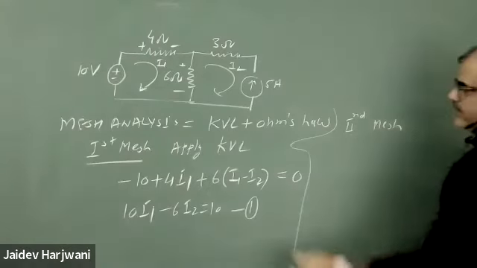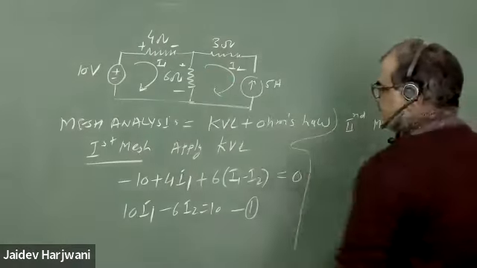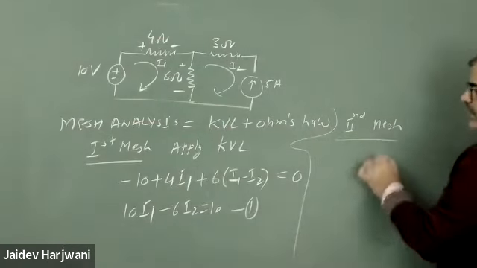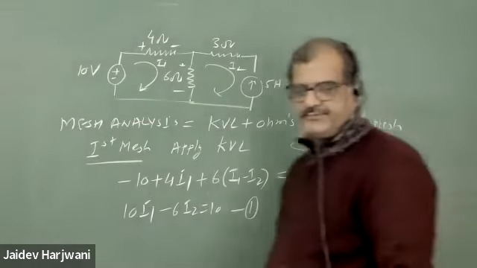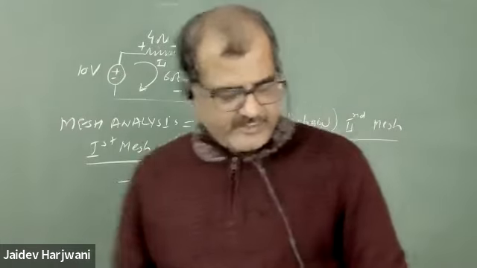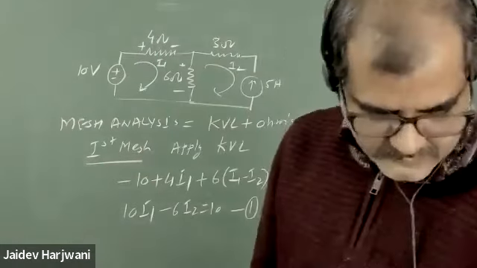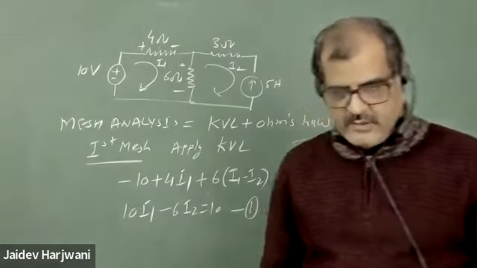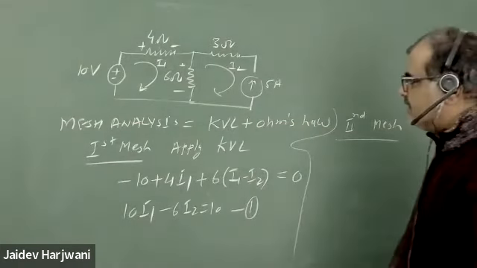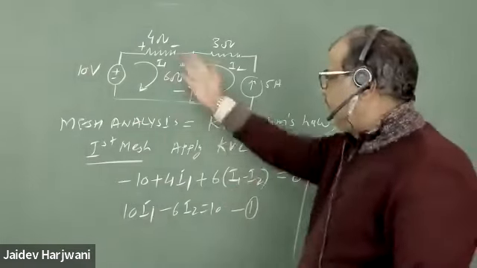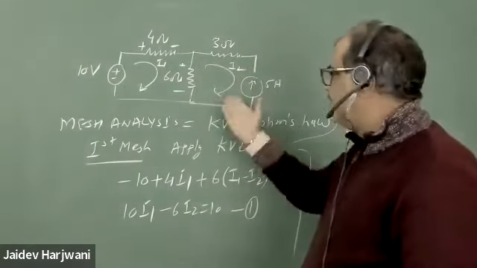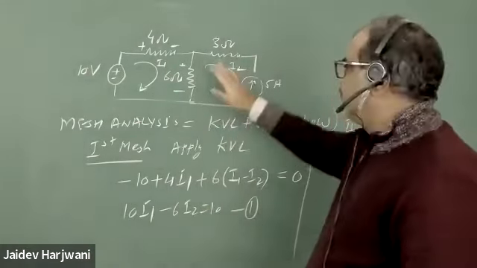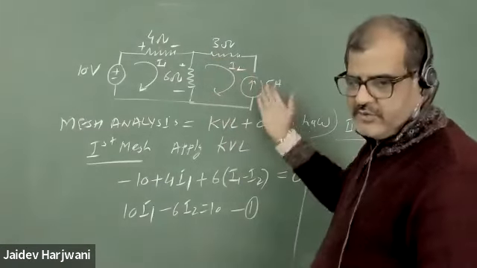Now for the second mesh, I want to find the current. So what is the value of current in the second mesh? Minus 5 into 3. In the second mesh I don't need to solve anything, 5 ampere is already given, but I am choosing my current opposite to this one.